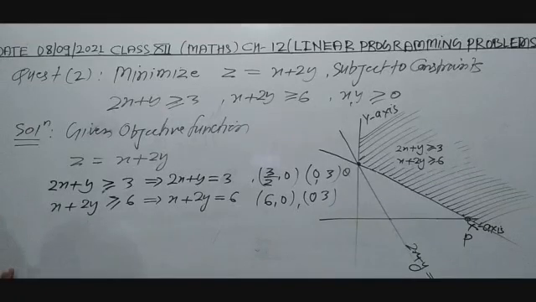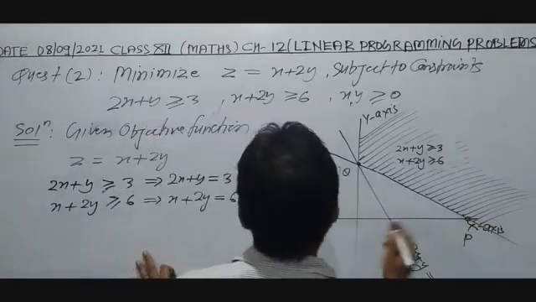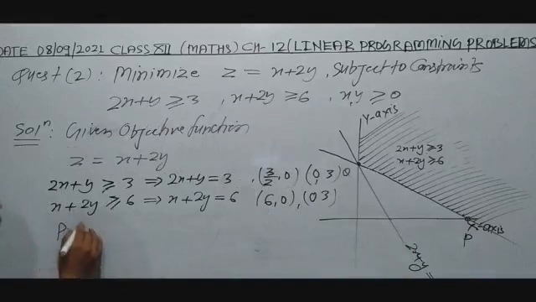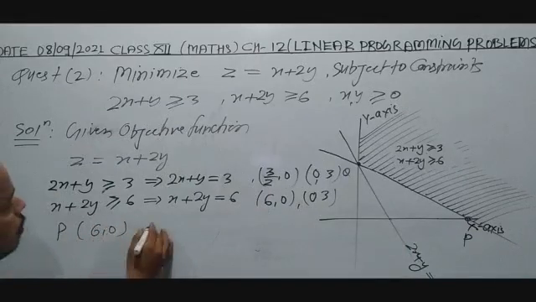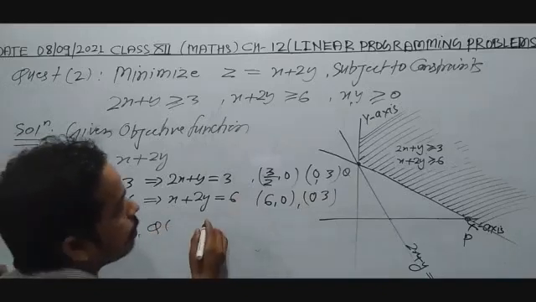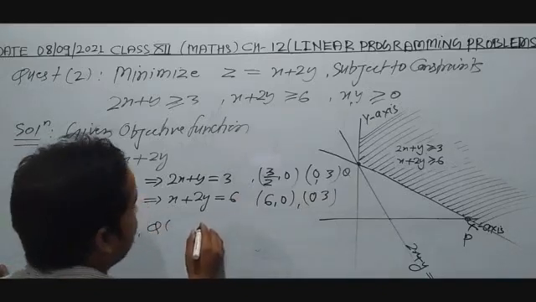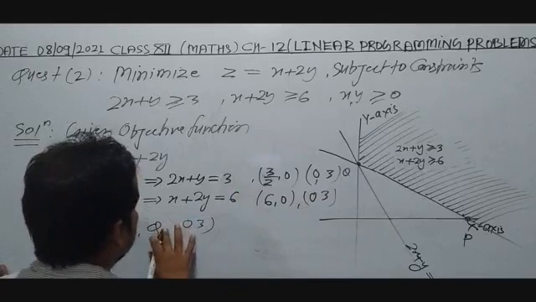So there are 2 points, P and Q, at which the function attains the minimum value. These are the corner points.